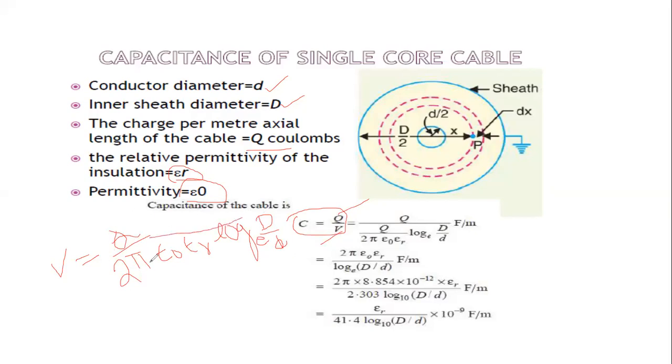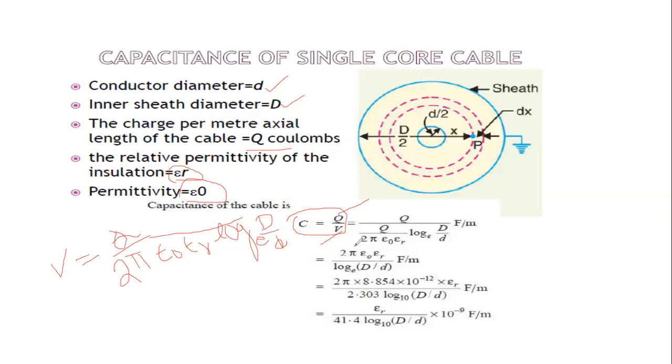Q is the charge in coulombs, and epsilon naught and epsilon R are the absolute and relative permittivities. Therefore C is equal to Q by V, which is Q by 2 pi epsilon naught epsilon R log e D by d.